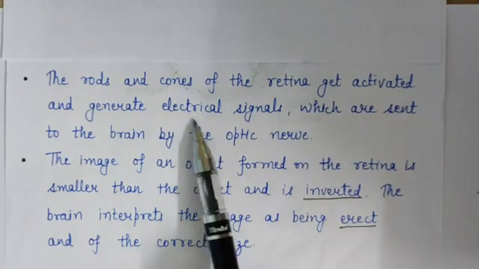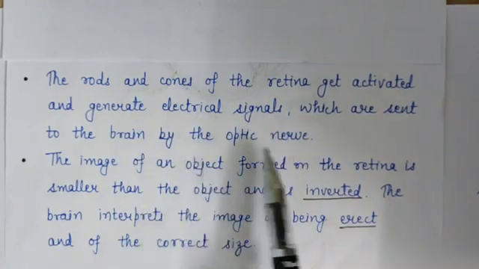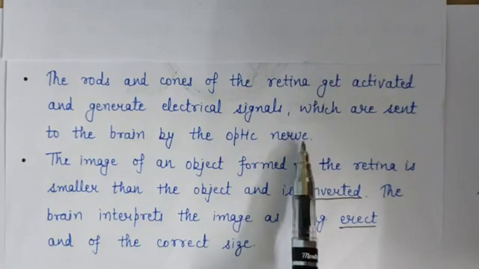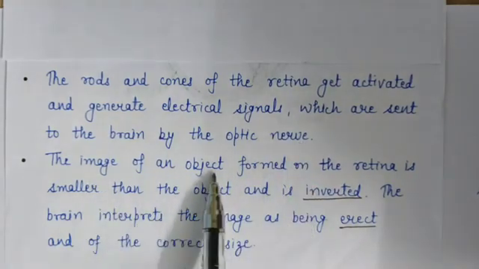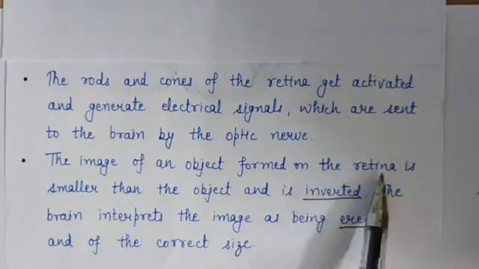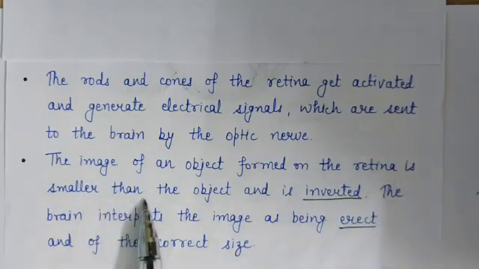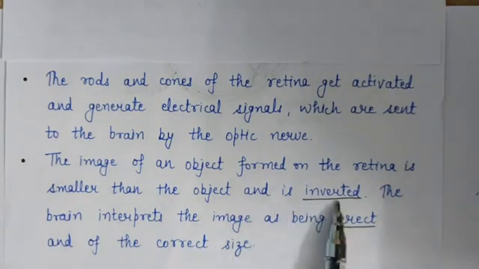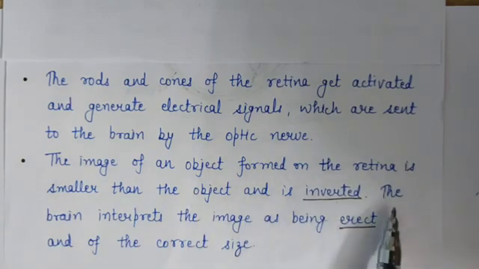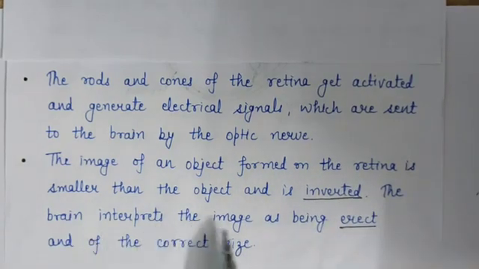So electrical signals are sent to the brain by the optic nerve, and after that the image of an object formed on the retina is smaller than the object. Means the image which forms on the retina is smaller than the object and is also inverted. But when the electrical signals are sent to the brain, then the brain interprets the image as being erect.